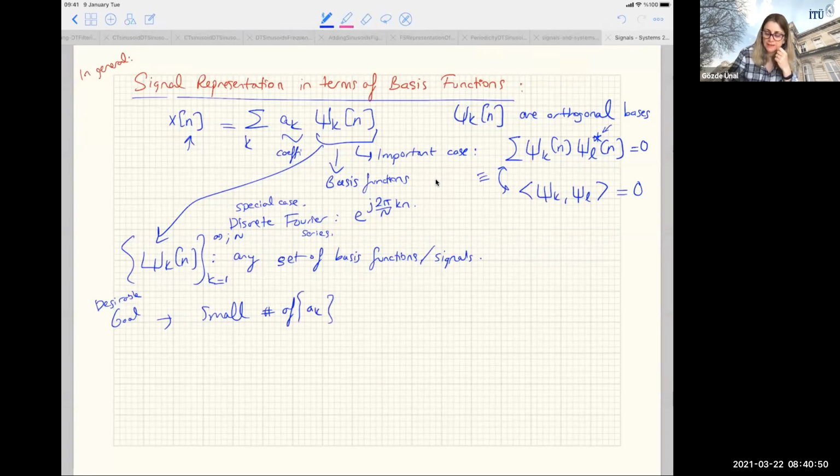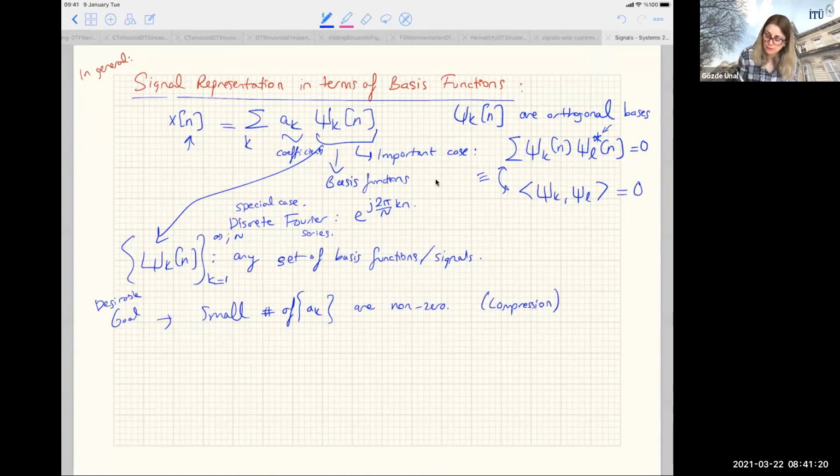You see, a_k are the coefficients that multiply these basis functions, and we sum them up. Small number of a_k are non-zero. This is really the goal in signal decomposition. This would be, for instance, the idea in compression. In filtering or feature extraction, we try to keep the a_k that are useful to us.